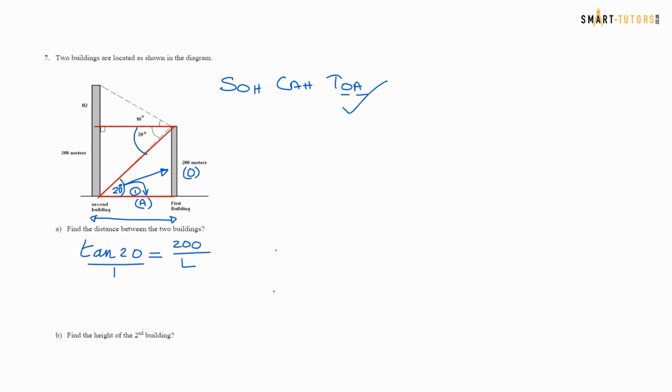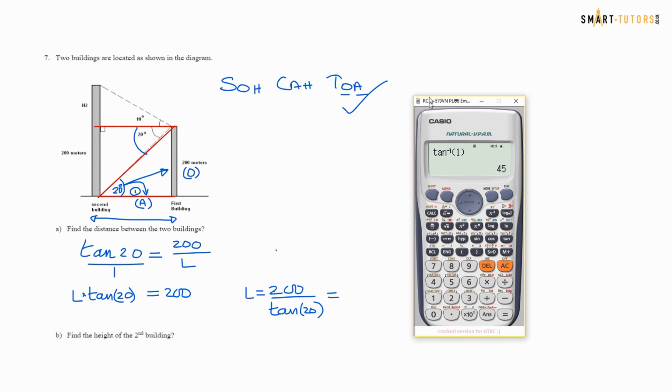So cross multiply: L times tan 20 equals 200 times 1, which is 200. So L equals 200 divided by tan 20. So that is the answer for L. Let's use the calculator to figure out the answer.